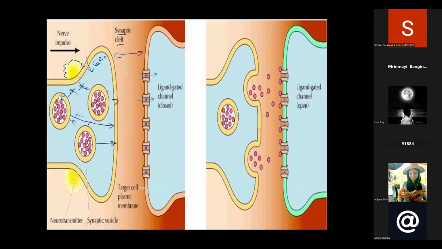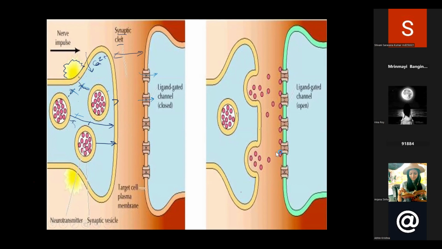You see that the neurotransmitter molecules are packed inside small packets called vesicles. When the AP comes here, that leads to certain molecular events, which I'm not going into, which cause these vesicles to move towards the synaptic membrane. They bind with the membrane and release their contents into the synaptic cleft.